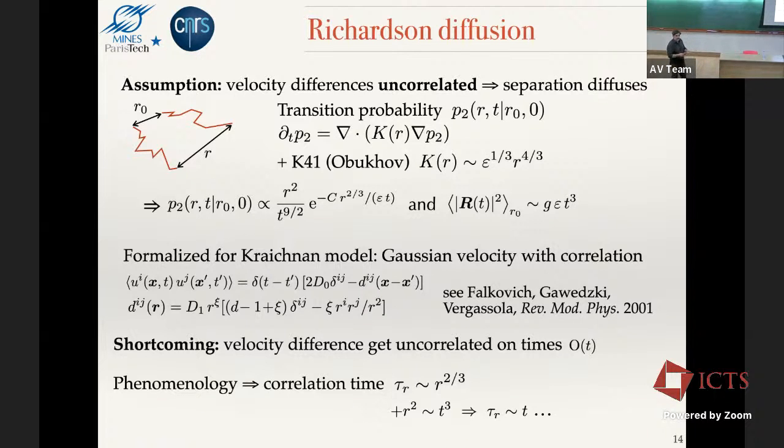So the problem is that the correlation time at a given scale R is like R to the 2/3. Okay, so this is the usual turbulent scaling. Which means that you need to be able to coarse grain at each scale on a time which is longer than R to the 2/3. But at the same time, R squared is going like T cubed because of that.